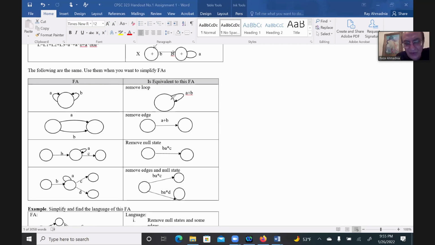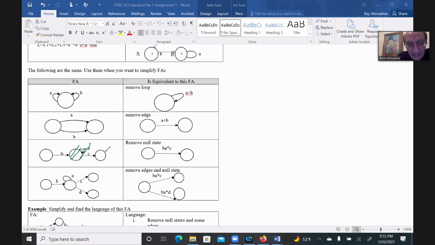Sometimes it's nice to simplify your machine to find the language. If you have 2 loops, you can change it to 1 loop. If you have 2 arrows, 2 edges, you can have 1 and then A or B. If you have something like this one here, see, this one here is a null state. So any number of A's and then C. You can remove this one here.